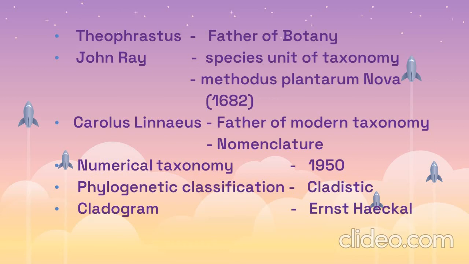Then phylogenetic classification is given by the person known as Cladistics. Cladistic phylogenetic classification means that as per the origin of the species, the organisms must be classified. What do you mean by origin? First the microorganisms may evolve, then sponges, then afterwards porifera, coelenterata, again hydra.